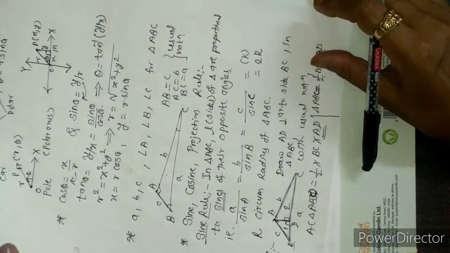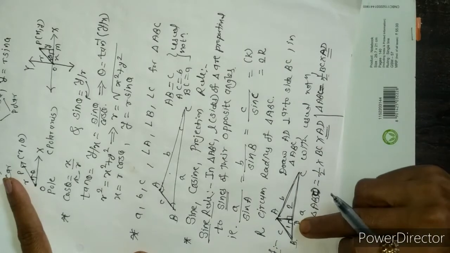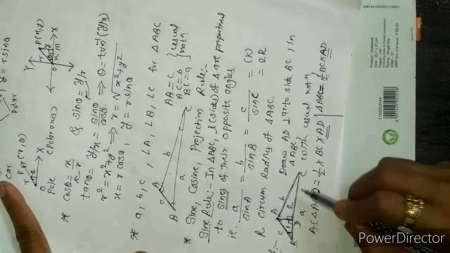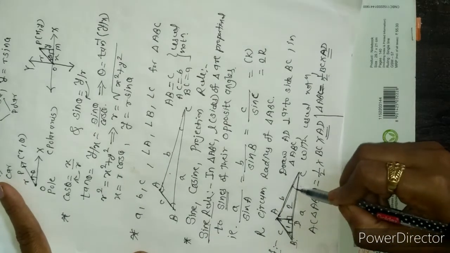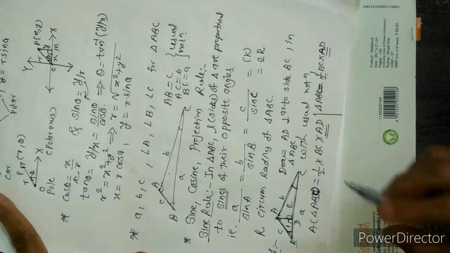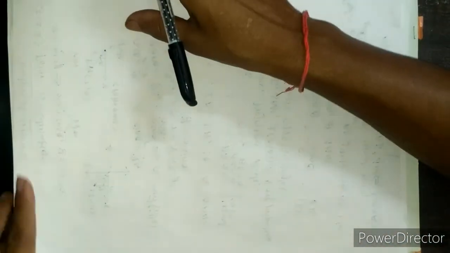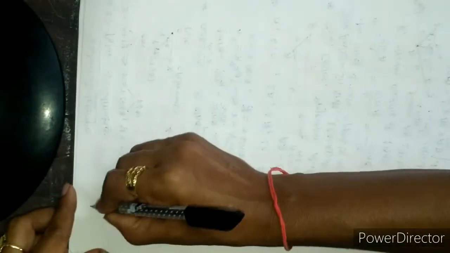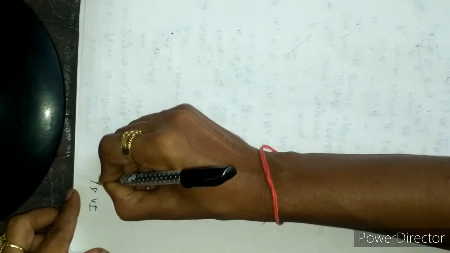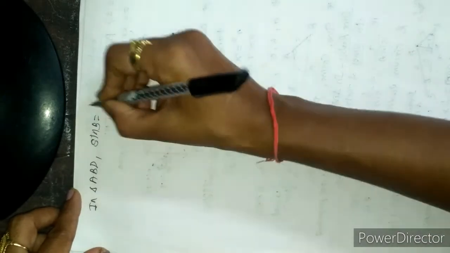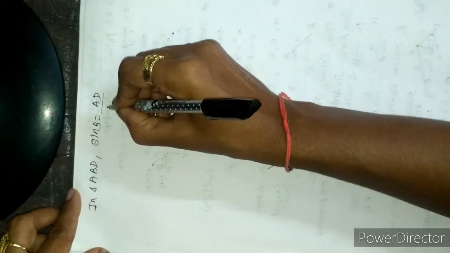In triangle ABD, AD is the opposite side of angle B, and in triangle ADC, AD is the opposite side of angle C. So we first find sine B and here sine C. So in triangle ABD, sine B is equal to AD upon AB.